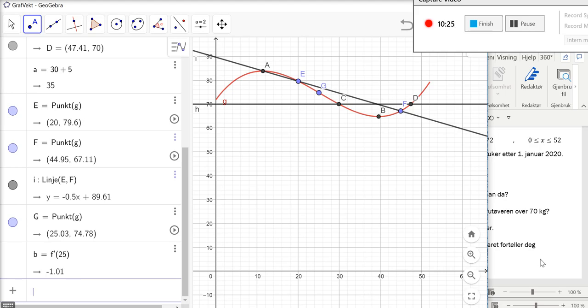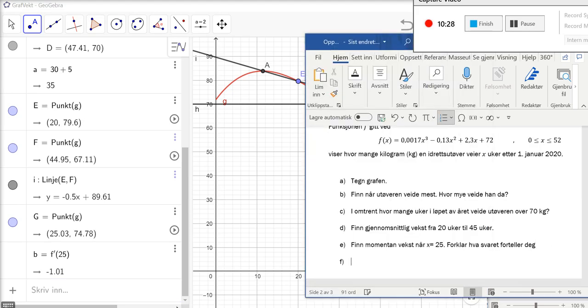Okay, so the answer is the instantaneous rate of change is minus 1.01, which means that after 25 weeks he loses weight at a rate of 1.01 kilograms per week.